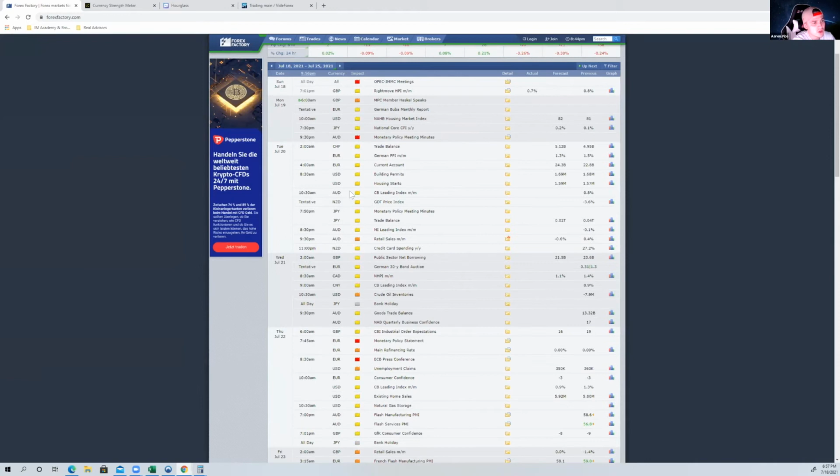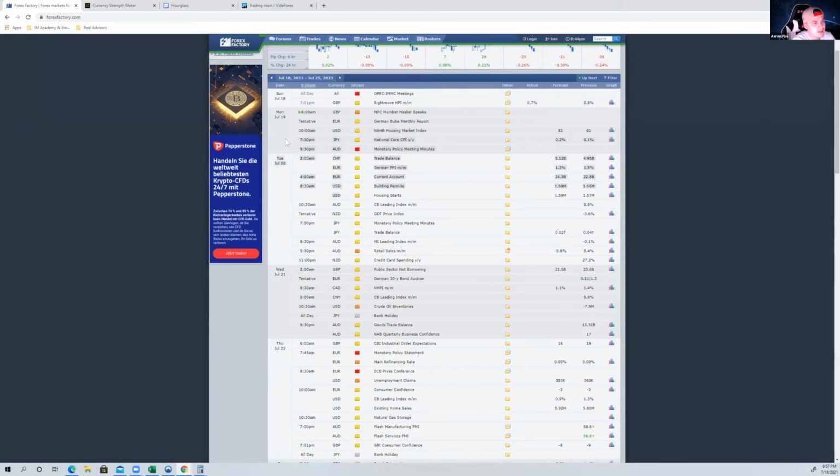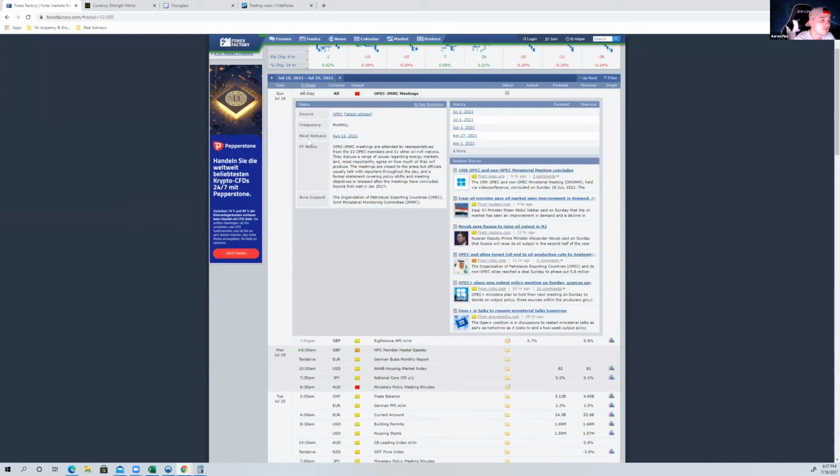Now, I have some questions when they say tentative. Tentative is like a big meeting, something's going to happen, as well as all day. All day means currencies are affected in some way by these meetings. Okay, and another thing is if you guys are analytical, you can go over here to the details to actually find out why it's red. So obviously it says FF notes, next release date, frequency, source, and you can just go into this and look at it fundamentally.